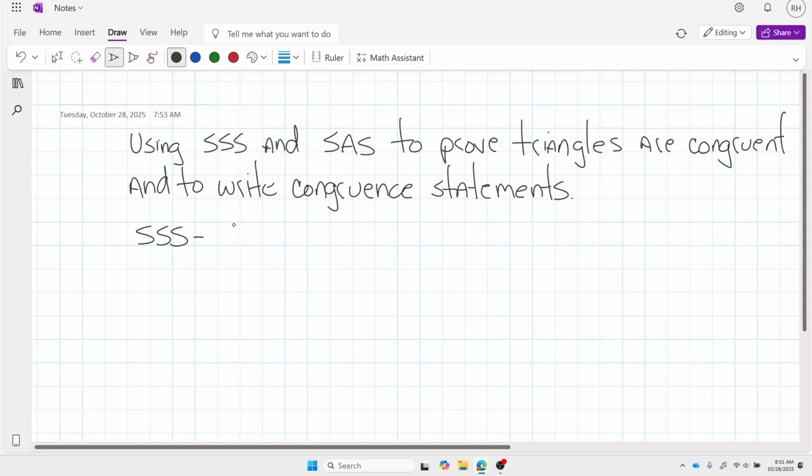So SSS is short for side, side, side congruence.